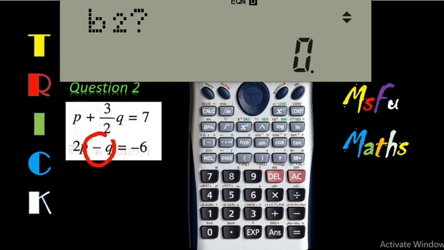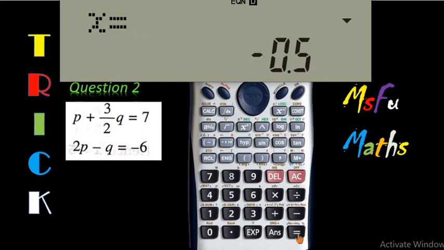For B2, there are no numbers here, which means -1. Okay, why -1? Because here is negative. Here there's no negative, which means it's +1. So your B2 is -1. Then we press -1, equals. Okay, your C2 here is -6. Then we write here -6. Then you press equals. Then it will give you the solutions.